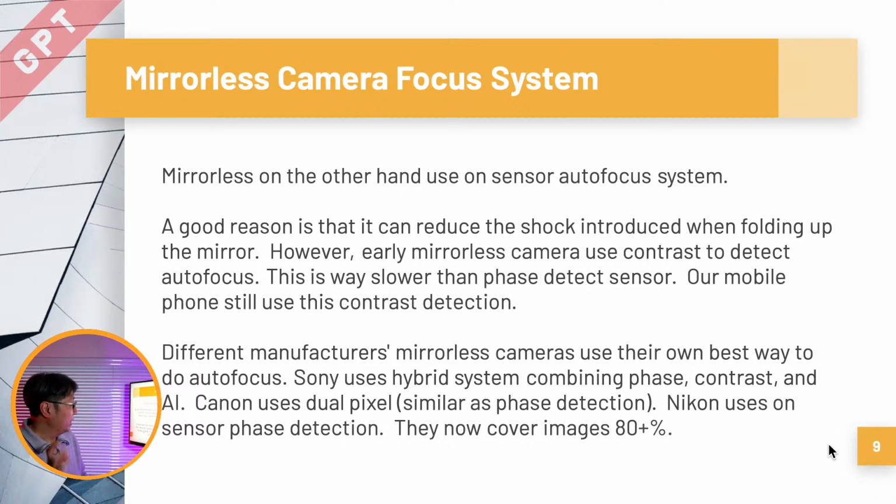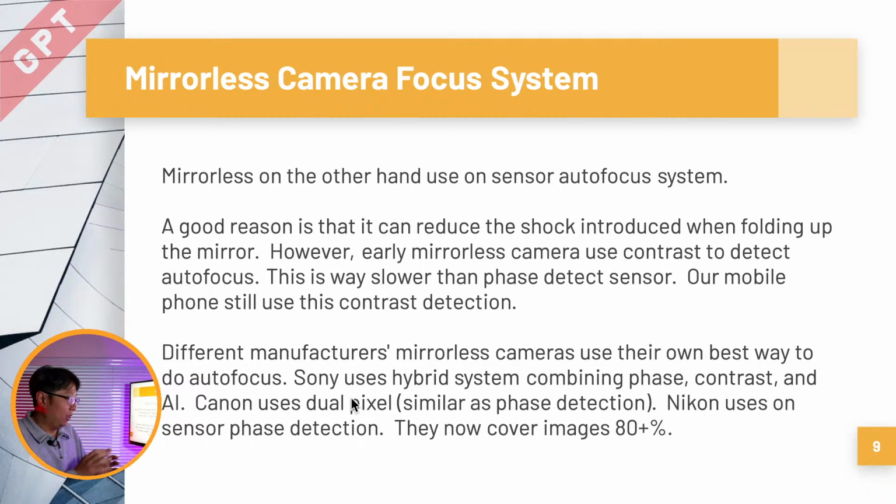Okay. Nikon uses sensor phase detection as well, because we suspect many of them use Sony sensors, since Nikon cannot make their own sensor. They have their own algorithm to calculate it. Also Fujifilm, Olympus, and all other brands have this sensor detection autofocus now.